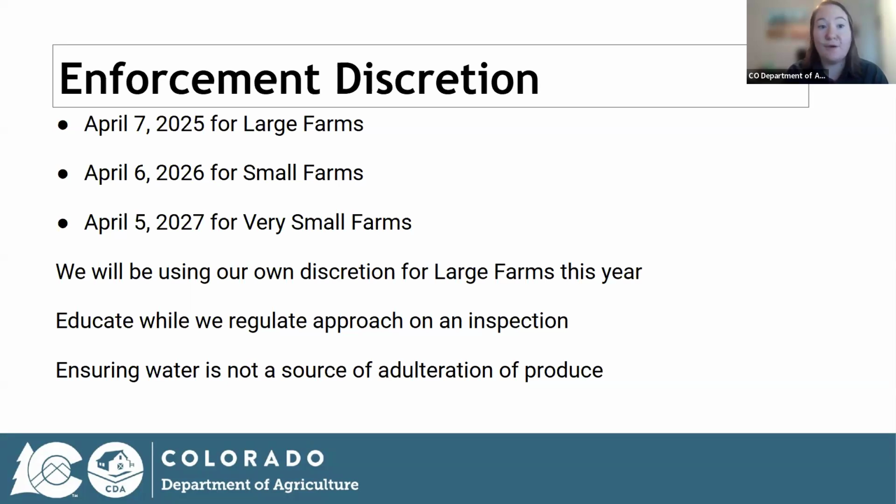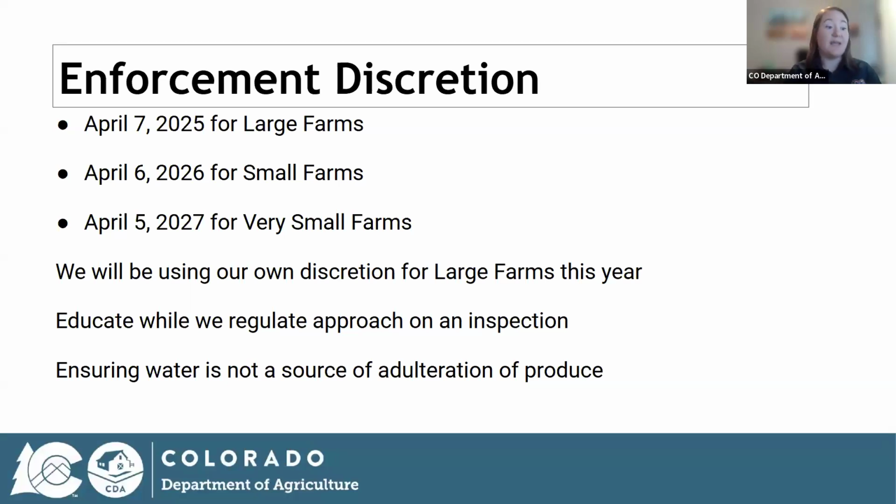We felt very strongly about this, so this year, if you're a large farm and getting inspected, what that's going to look like as far as pre-harvest ag water goes is it's just going to be a conversation. It's going to be a conversation of what the requirements are, of making sure you understand what is needed going forward.